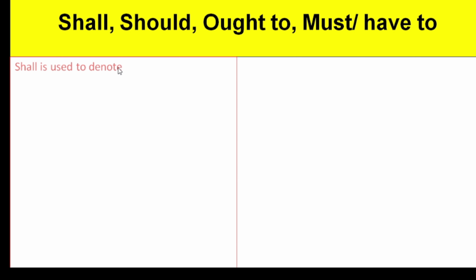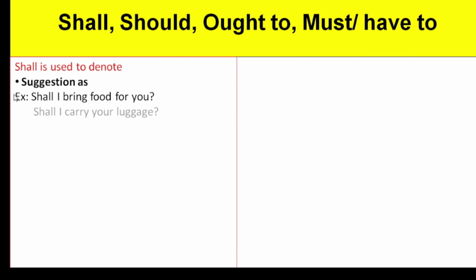So here shall is used to denote a suggestion, as in, shall I bring food for you? This is a kind of suggestion. So, shall I carry your luggage? Asking or giving a suggestion to someone else.